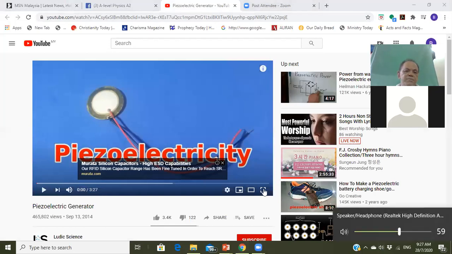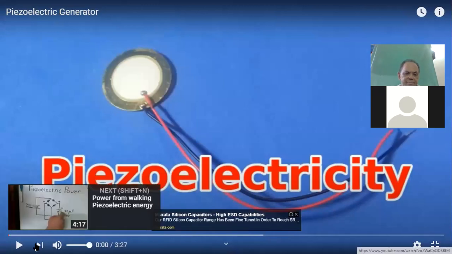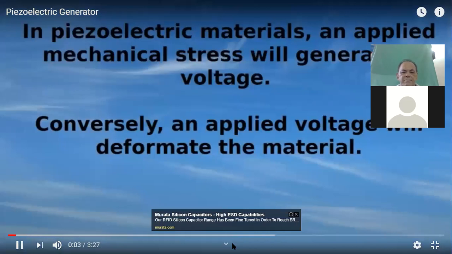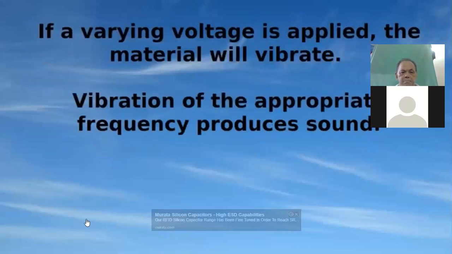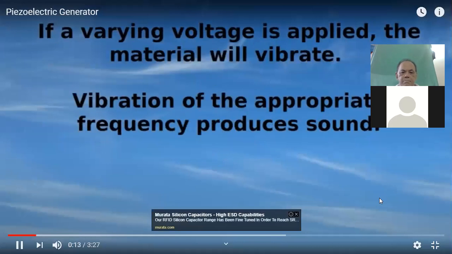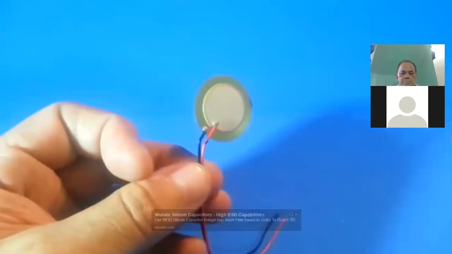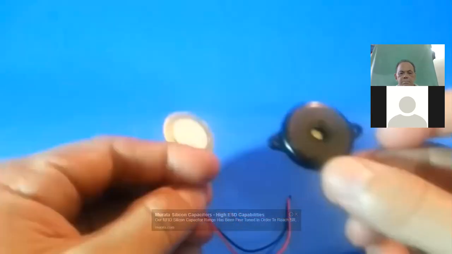Okay, let's look at the video of piezoelectricity. It's one of the input sensing devices that we are interested in. This is a piezoelectric element that we obtain from a buzzer like this.